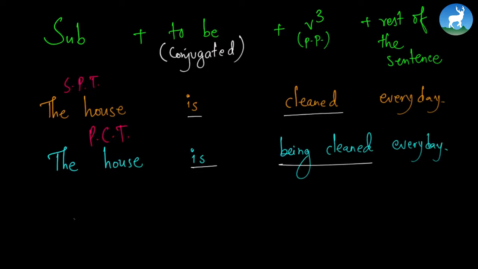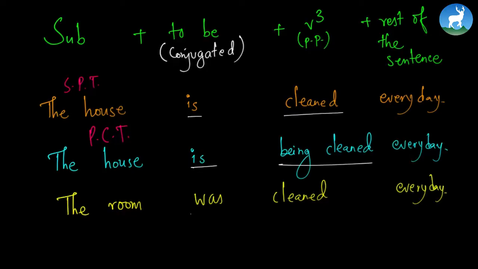More examples. The room was cleaned every day. Now, if you look at this example, we have a be verb followed by a past participle. And which tense is this? It is simple past tense. Right? Simple present tense, simple past tense.